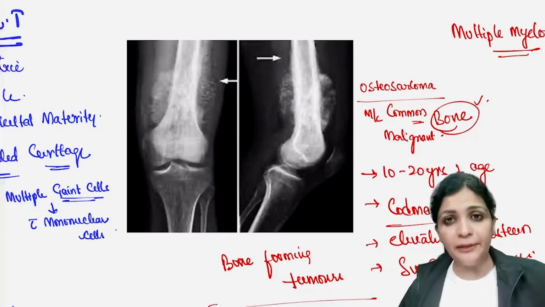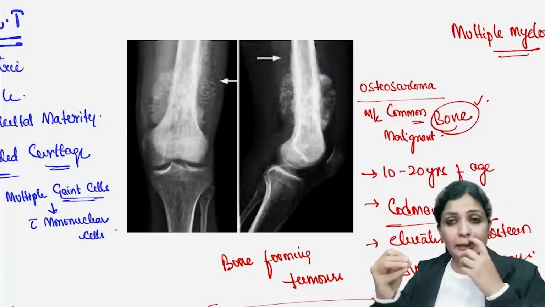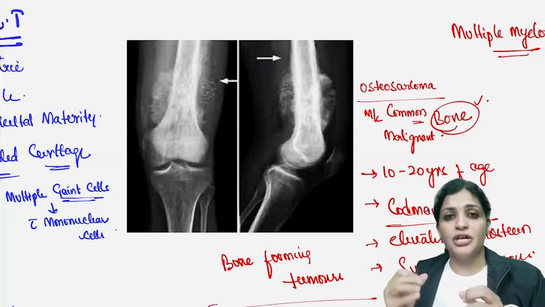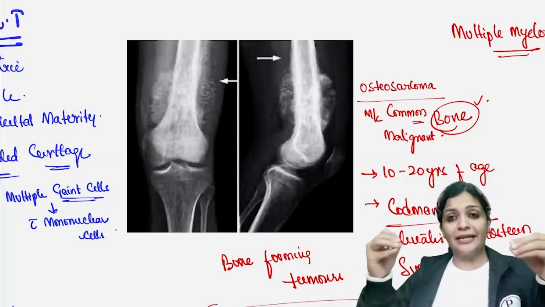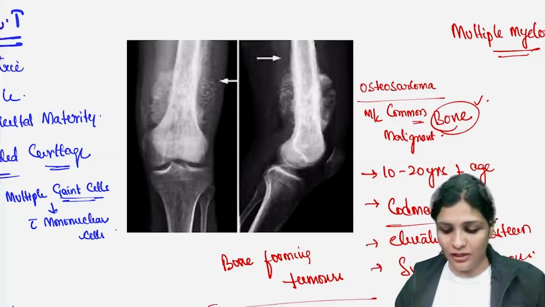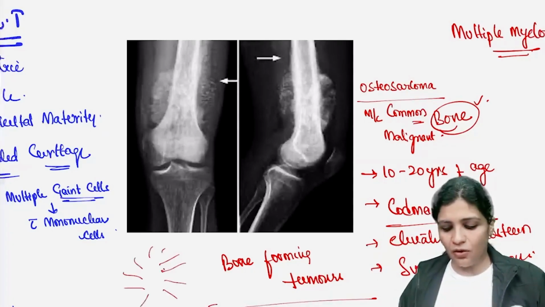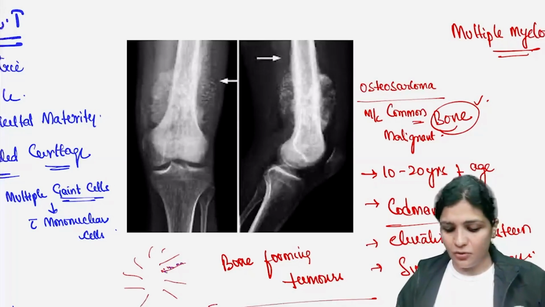What are the Sharpey's fibers? These are the fibers by which the periosteum is attached to the bone. So whenever there is calcification along these vessels, like this, it appears as a sunburst appearance or sun ray appearance.